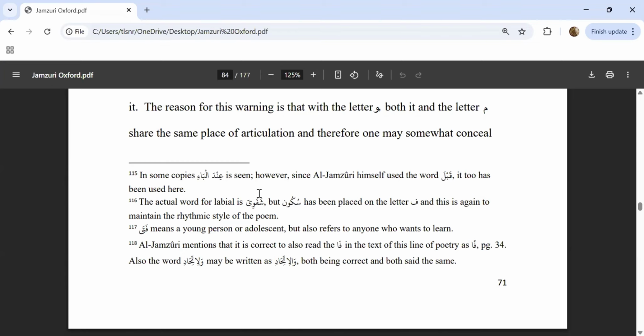Qabla means before, inda can mean at or beside or with, depending how it's used in the sentence. And then again, the actual word for labial is shafawi, but sukoon has been placed on the letter fa. And again, this is for that rhythmic style of the poem.